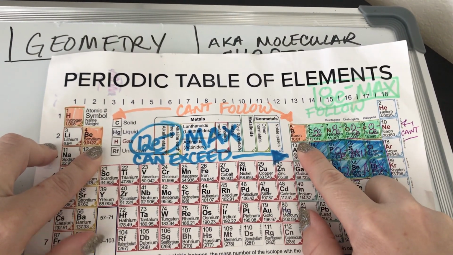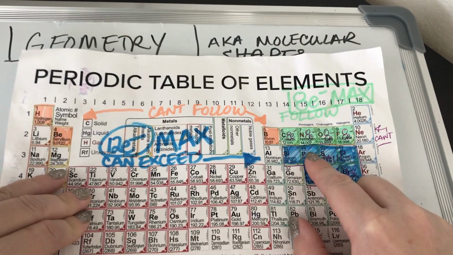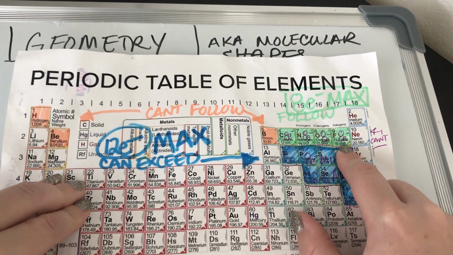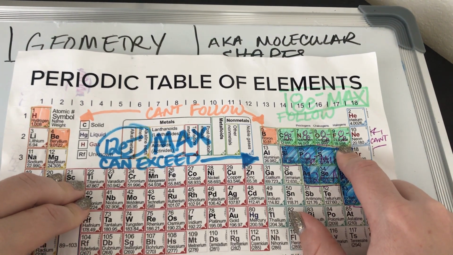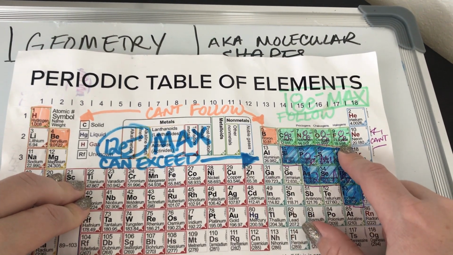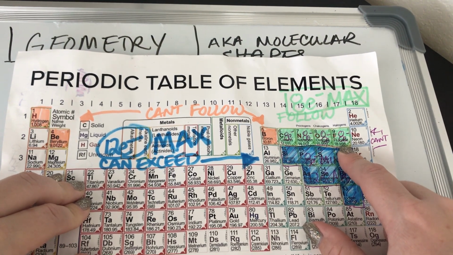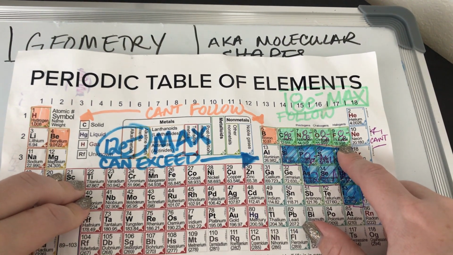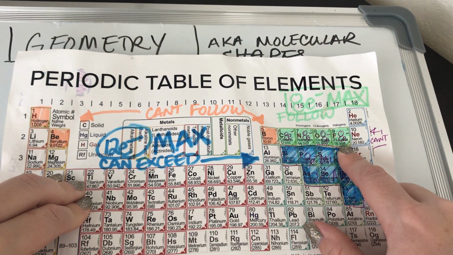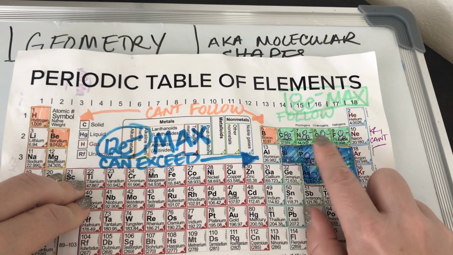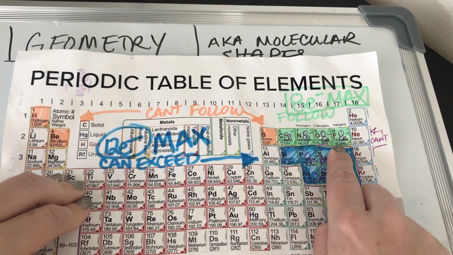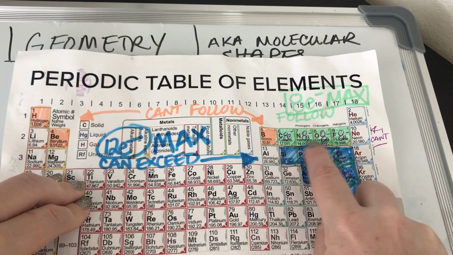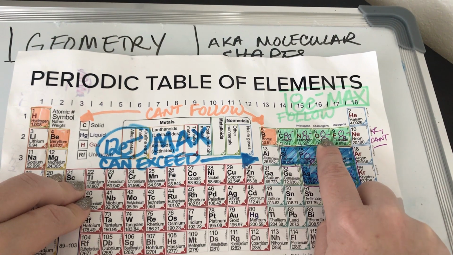Then you've got these four guys, which are basically the only ones that follow the octet rule, which is why it's the stupidest rule that exists. I probably shouldn't say that on the record, but it's the most breakable rule we have in chemistry. So who follows the octet rule? Basically just carbon, nitrogen, and oxygen. They're maxed out at 8 electrons.